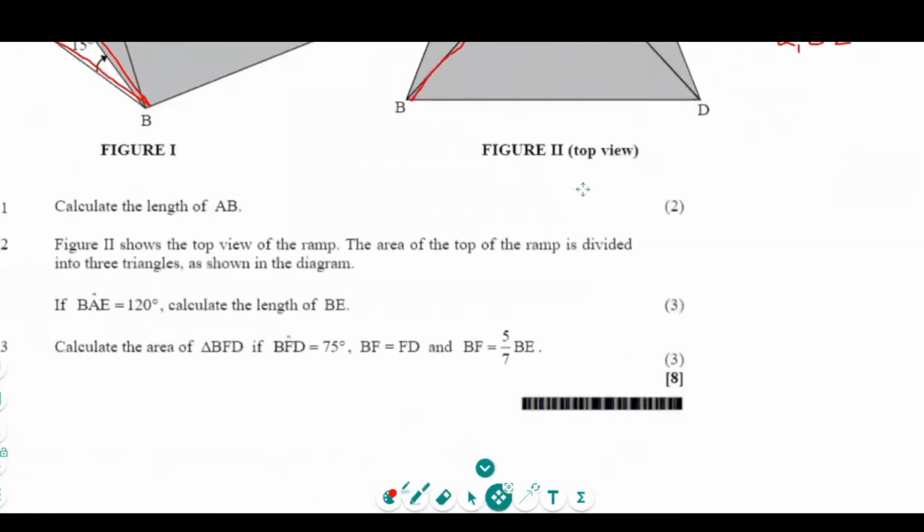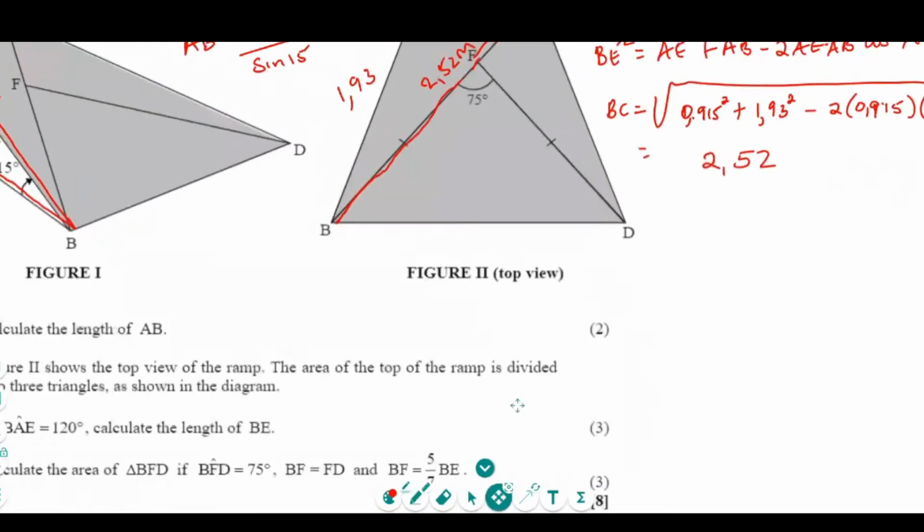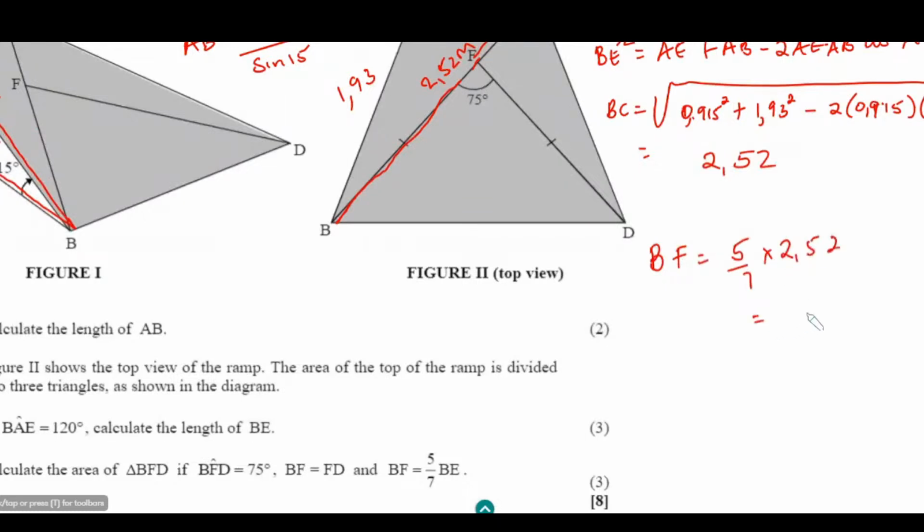And then they are telling us to calculate the area of BFD. If this side is the same as that side, and BF, this distance, is 5/7 of BE, we can start by finding our distance BF. So 5/7 times 2.52, I'm getting 1.8 meters.